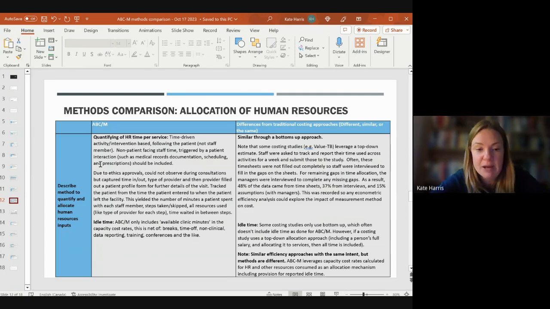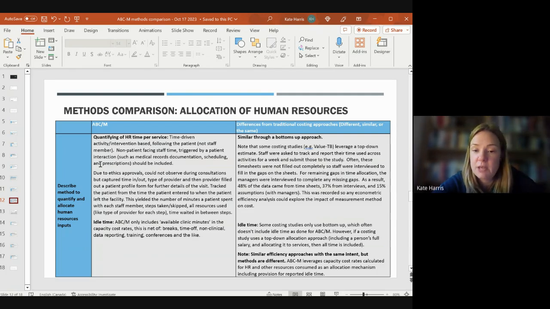You're not seeing anybody. That's included in some way, but it's quite different than how it's included in others. It's a good thing to ask in other costing studies of how it's done and how that idle time is looked at. Most costing studies use a bottom-up approach, which doesn't usually include the idle time. It's number of minutes that a healthcare worker might see a patient times their wage, et cetera, and as you go.